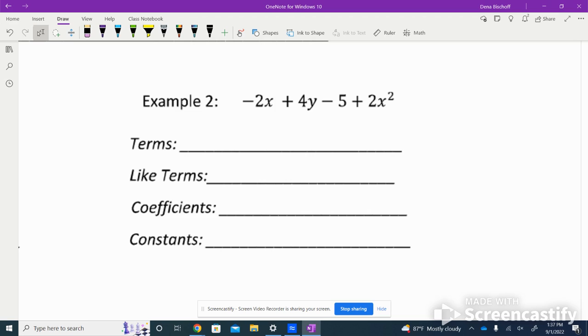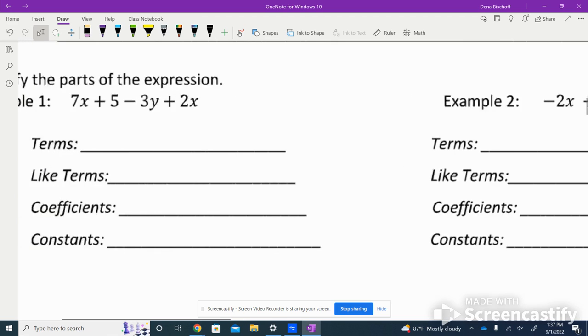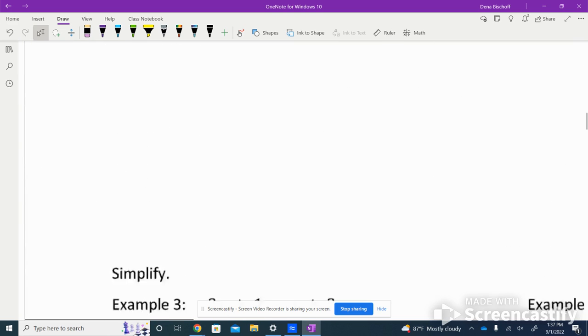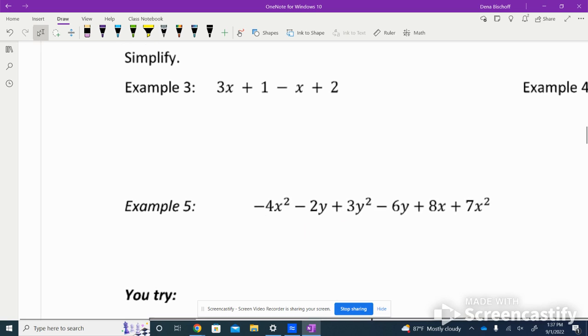What's the only constant? Negative 5. Awesome. Feel okay about that? Okay, we're going to practice combining them, meaning we're going to simplify an expression.